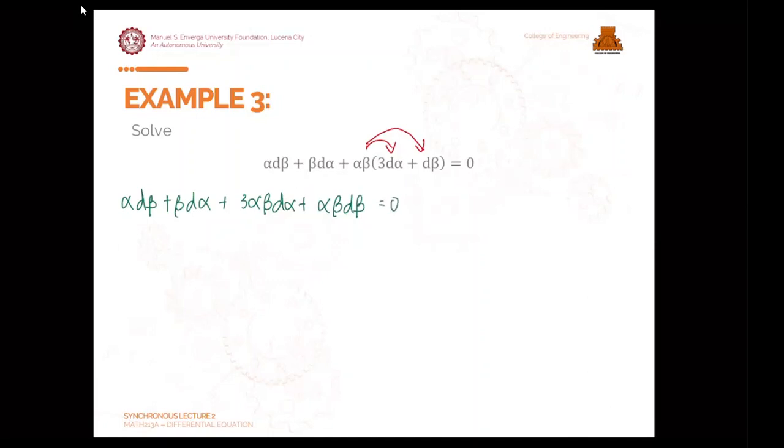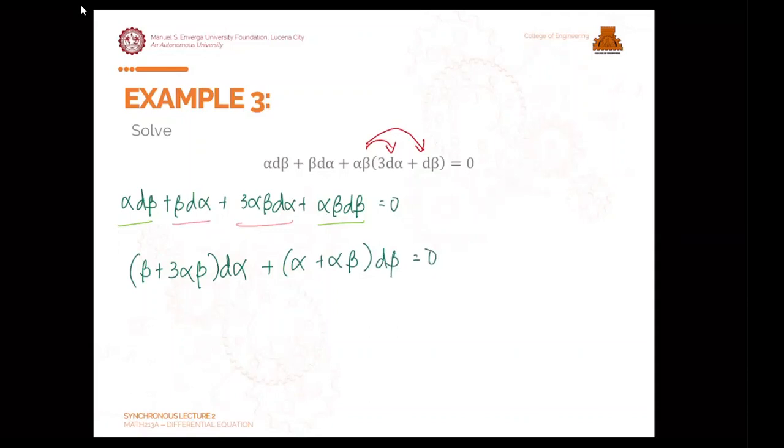Then combine natin yung magkakaparehas. So, wait lang, ibang kulay. Okay? So, si d alpha ay ito, tsaka ito. And si d beta is ito, tsaka ito. Okay? So, pag-combine natin, we have beta plus 3 alpha beta, ito yung d alpha, plus alpha plus alpha beta, ito yung d beta, is equals to 0.